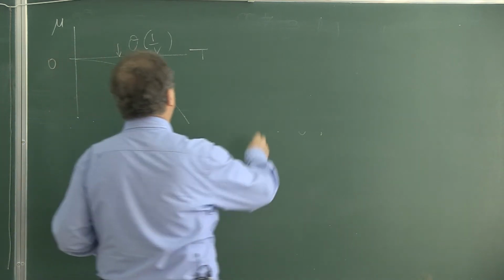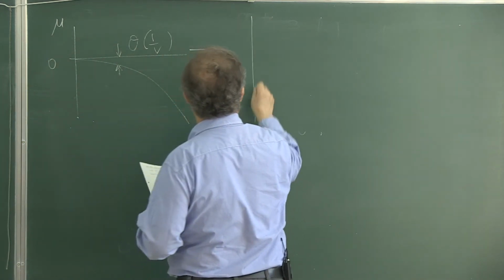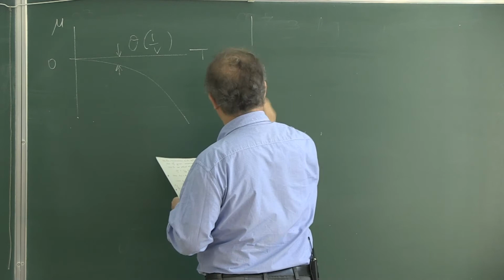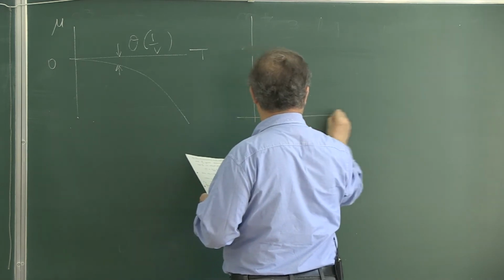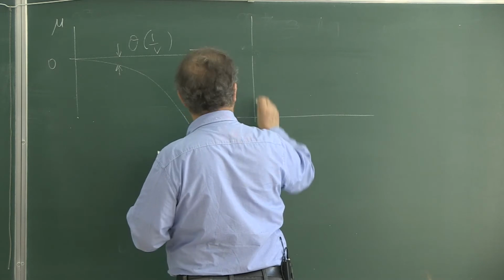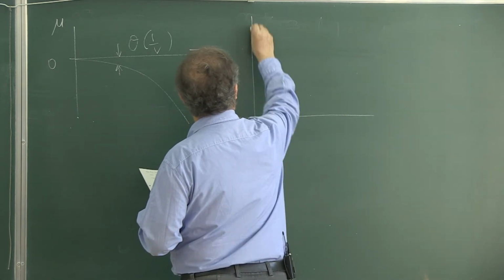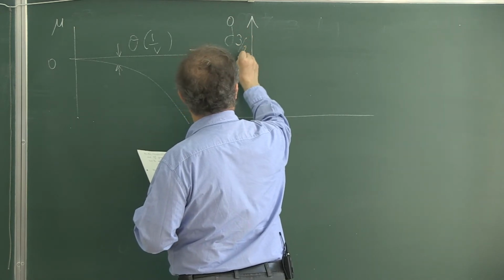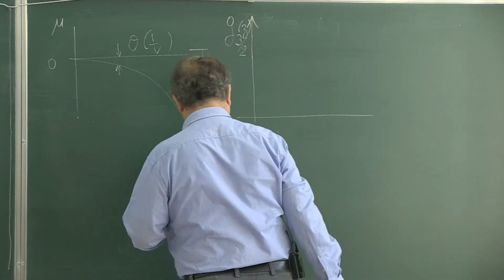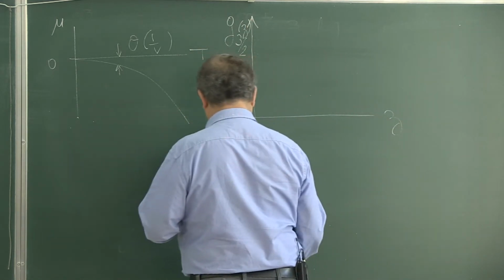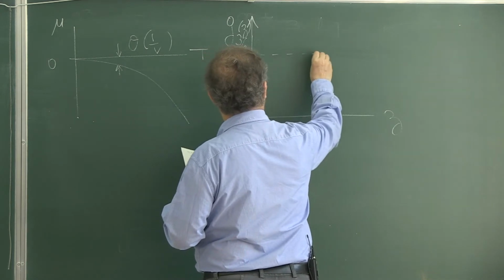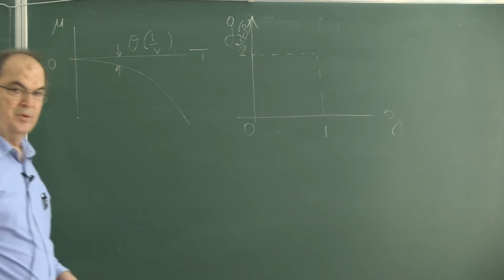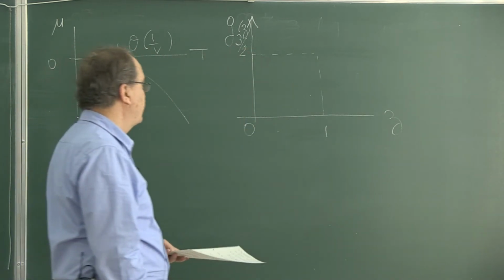When you look at the Bose-Einstein function, let's draw it normally like this. g 3/2 of z, that's what we had as a function of z, goes like something like this. z equals 1 is the important value.